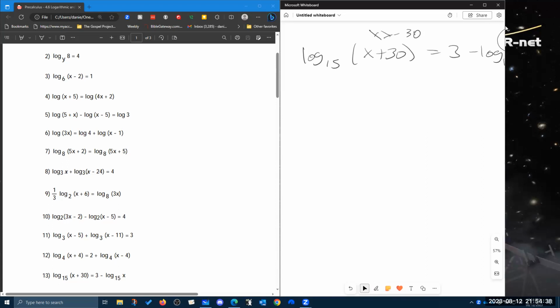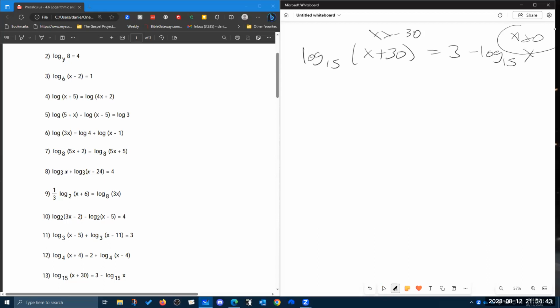That was odd. There we go. So log base 15 of x squared plus 30x equals 3. X squared plus 30x equals 15 to the third.